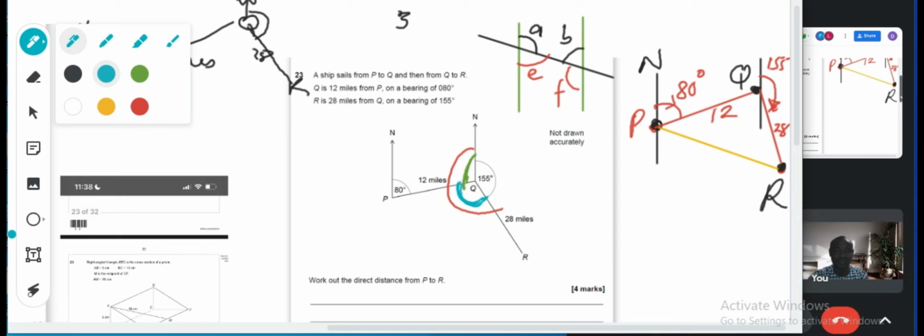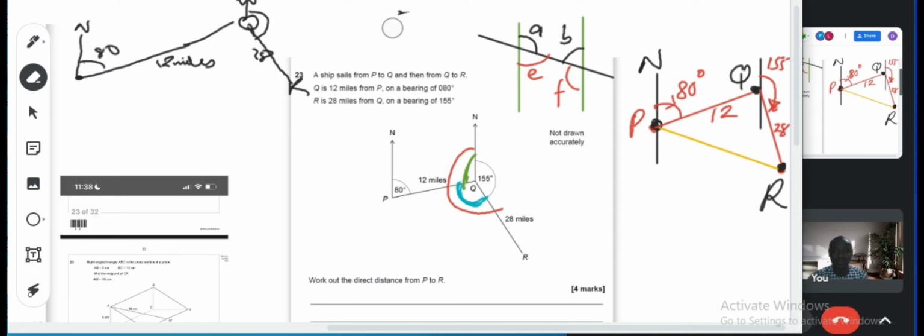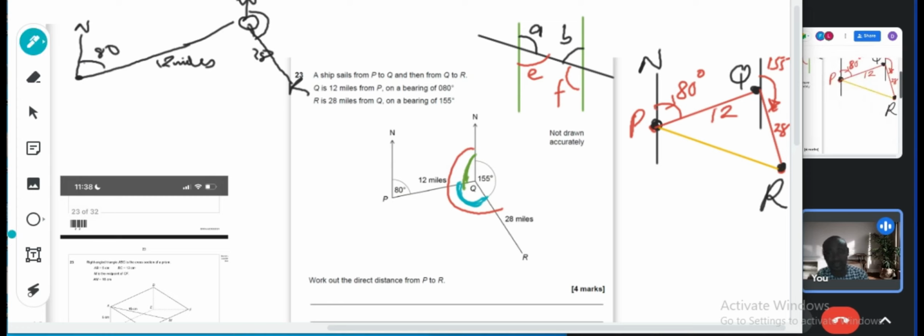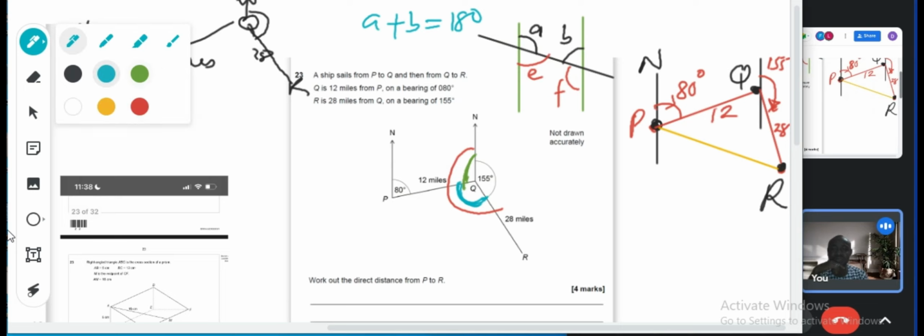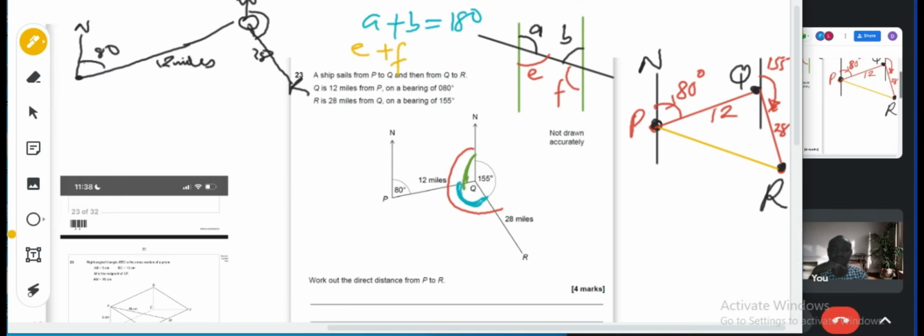Yeah. And E plus F is 180, so A plus B is equal to 180 because both of them are on the same side of this transversal. The transversal is this black line. The green lines are the parallel lines, so A and B are on the same side. So E plus F is also 180. So the angle is 55 degrees.